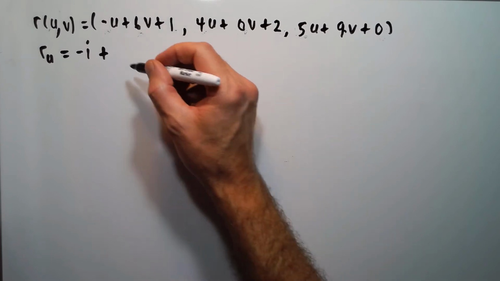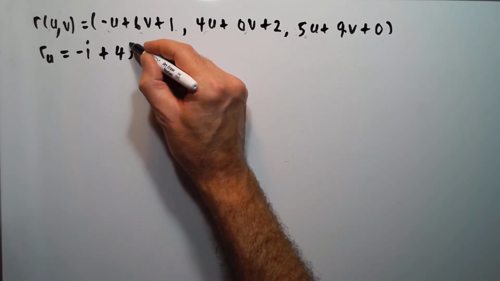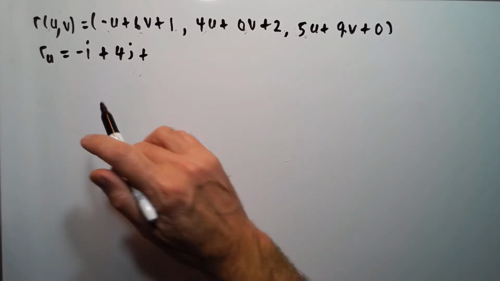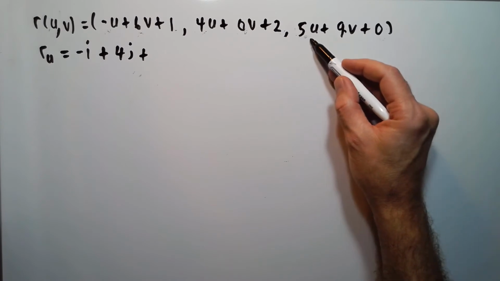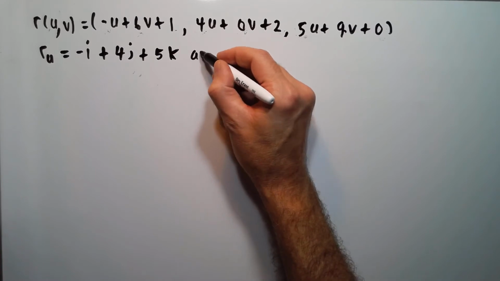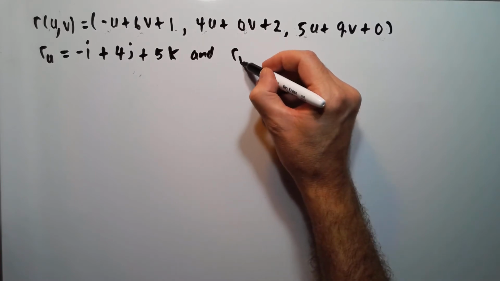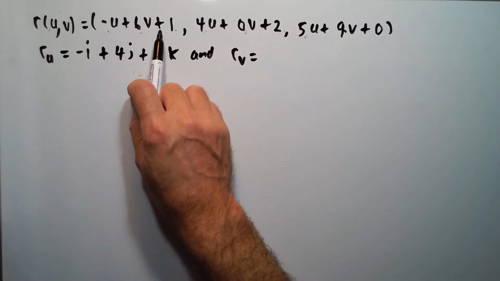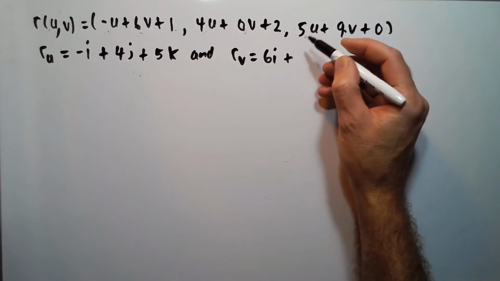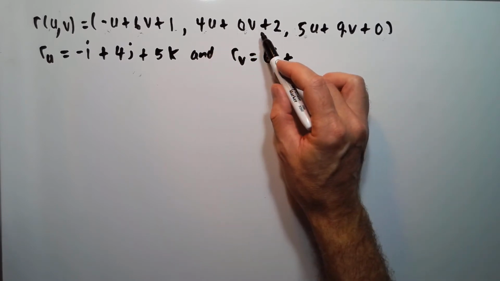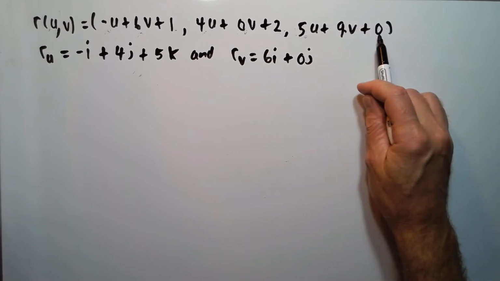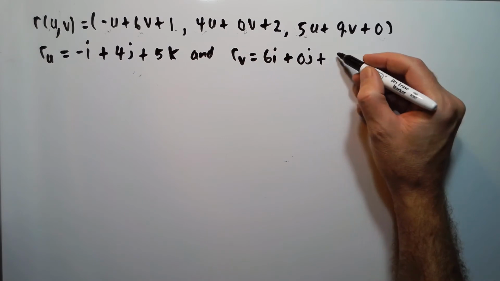The second component would be 4, so it would be 4j. And the last one would be 5, so it would be 5k. And let's do the derivative with respect to v also. The first component with respect to v would be 6, so 6i. The second component would be 0, so 0j. And the third component with respect to v would be 9, so 9k.